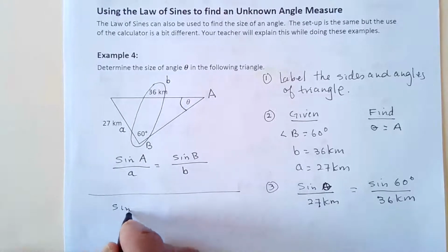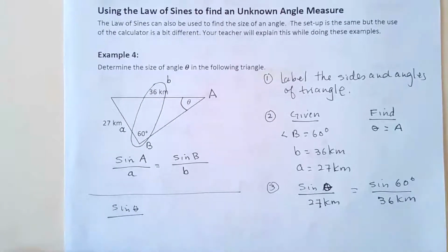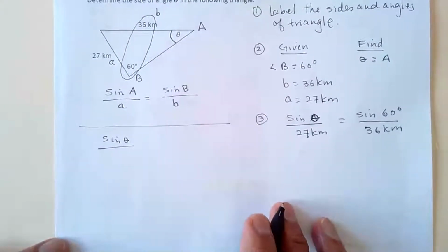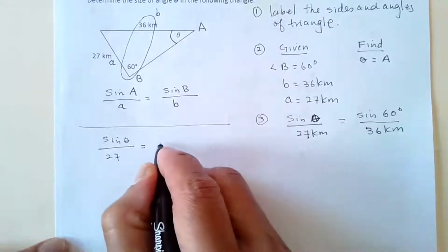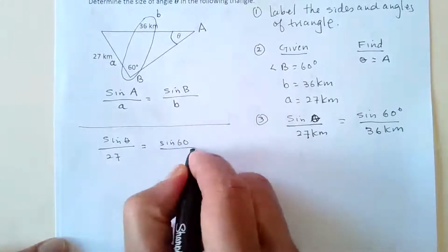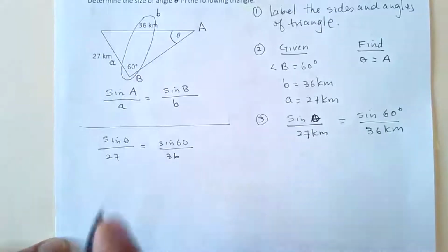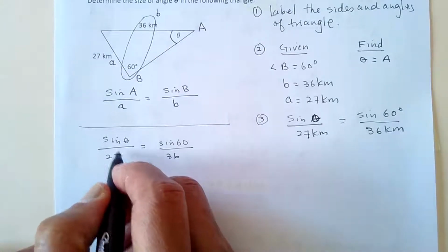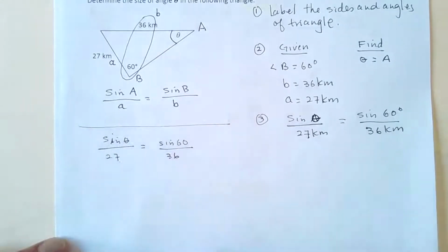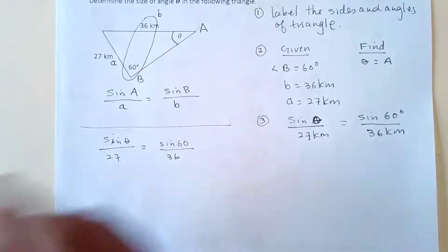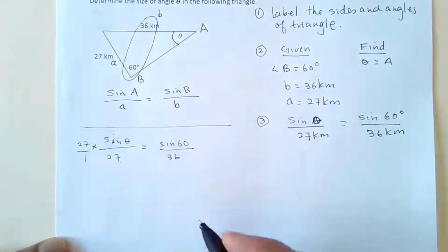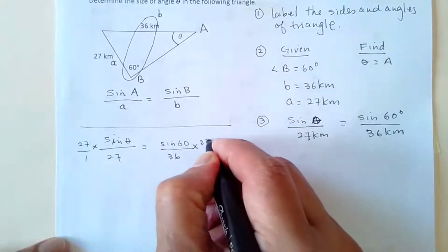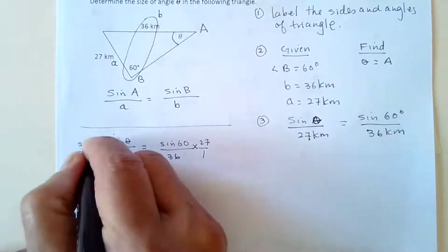So we have sine theta over 27 is equal to sine 60 over 36. Now I want to get rid of this 27 so I can isolate the sine theta. That's my unknown, I need to isolate my unknown. So multiply by the reciprocal, which is 27 over 1. We also must multiply the other side by 27 over 1. So 27 over 27 is 1.